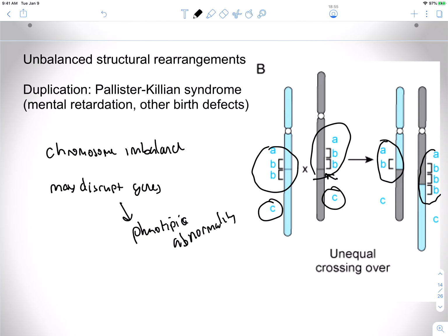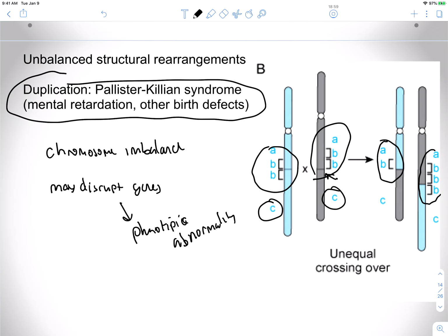So in a particular disease, Pallister-Killian syndrome, you have a duplication of the entire chromosome 12p region or a portion of the chromosome 12p.